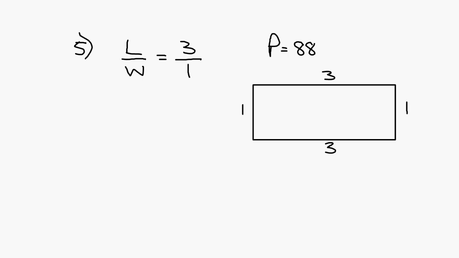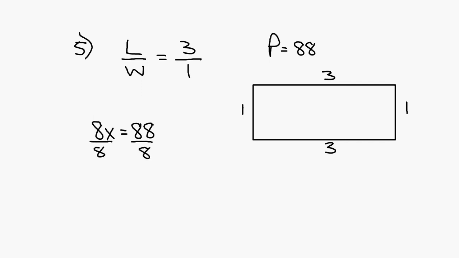You take 3 plus 1 plus 3 plus 1. So 3 plus 1 is 4, plus 3 is 7, plus 1 more is 8. So you've got 8 times something equals 88. If you divide both sides by 8, x equals 11.